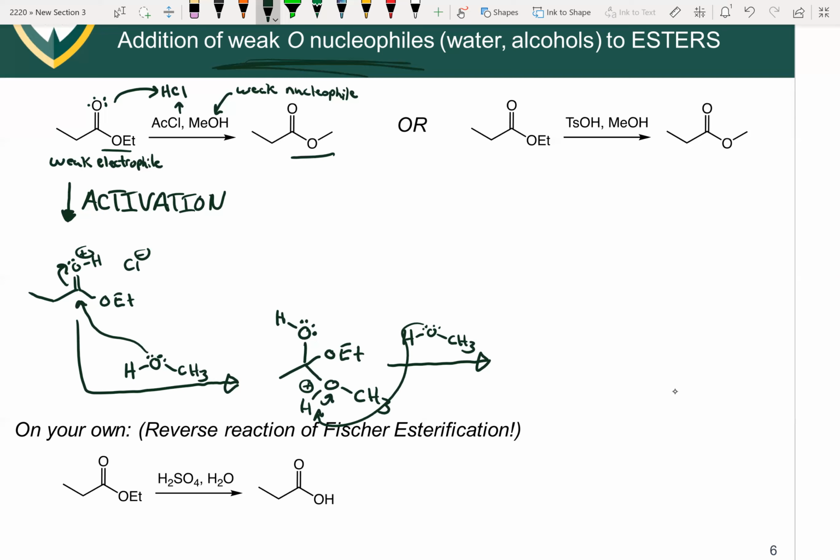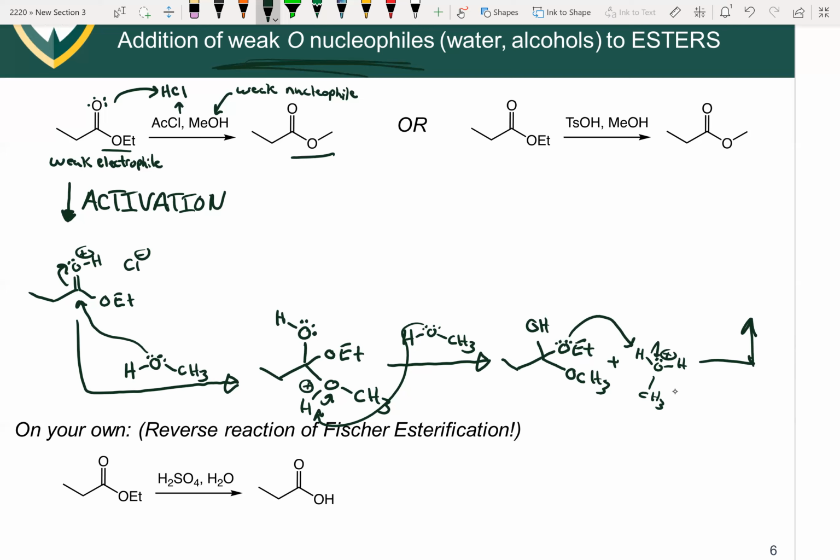Now, as I work through this example here, again, we're doing this proton shuffle that we're so used to doing. And we're trying to improve the leaving group ability of what needs to leave. So this leads to our protonated methanol, which was just acting as the conjugate base. This is approximately the same acidity as protonating this group here.